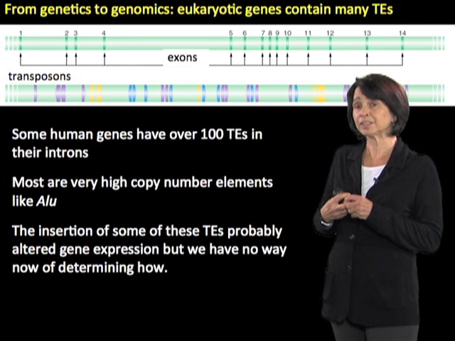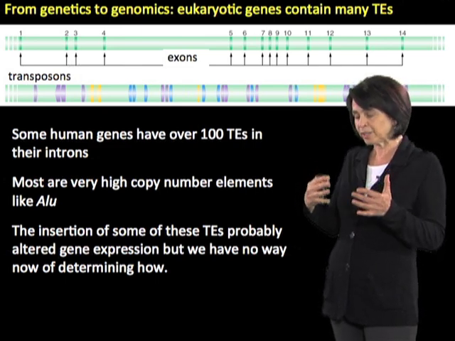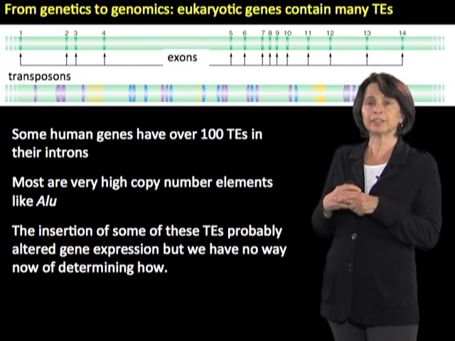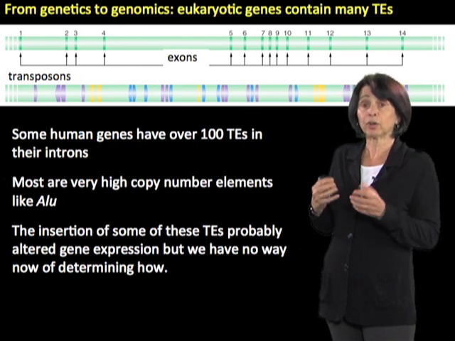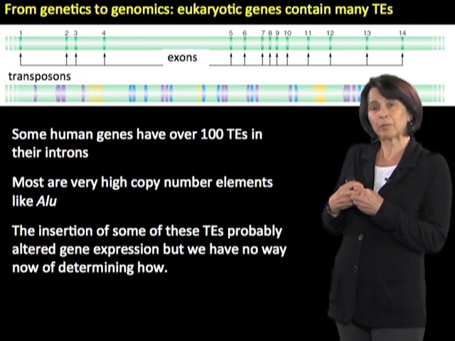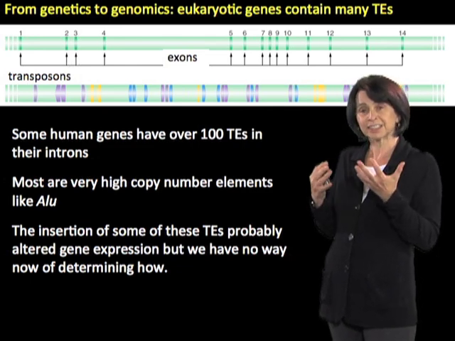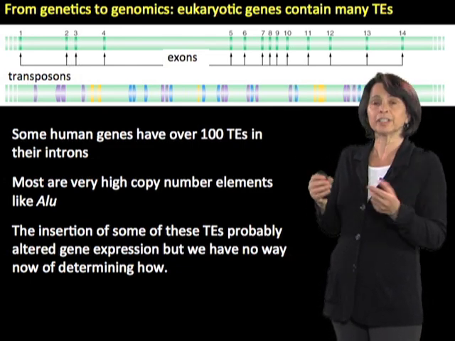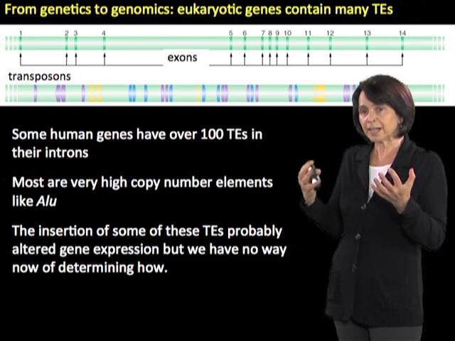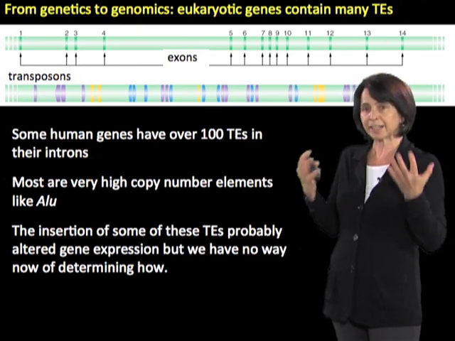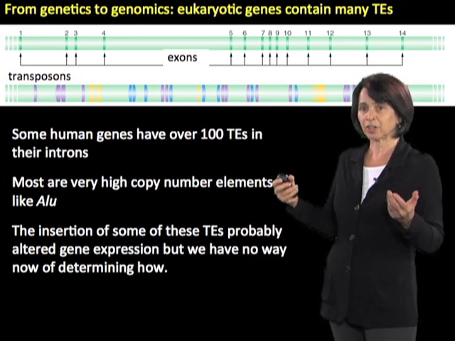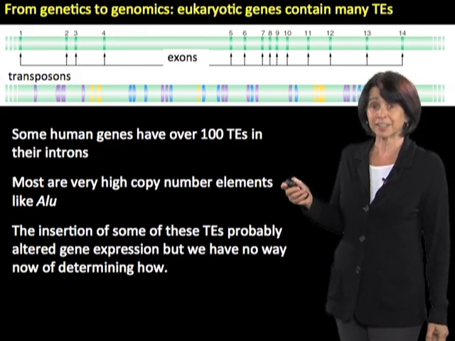So what that means is if we want to know how the insertion of a particular element changed the expression of a gene, if at all, we're too late. So what we want to do is identify a group of organisms where these high copy number elements are actively transposing. And I'm going to talk about that strategy. That's exactly what this talk is about.